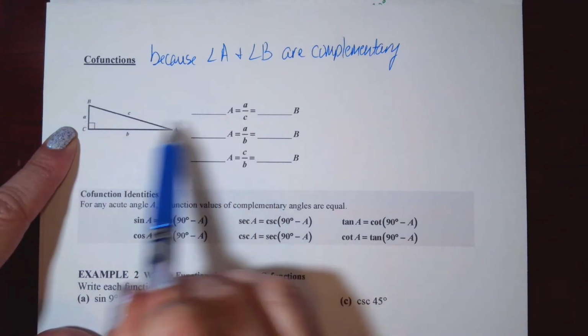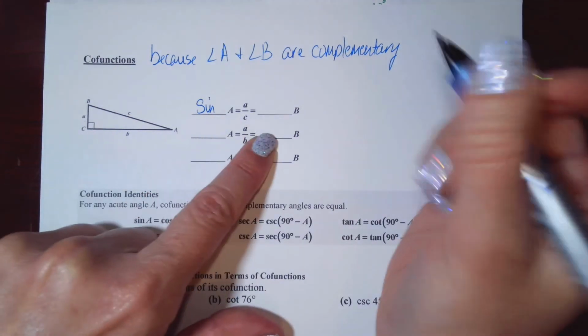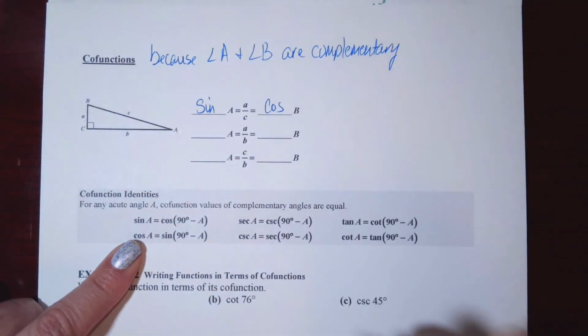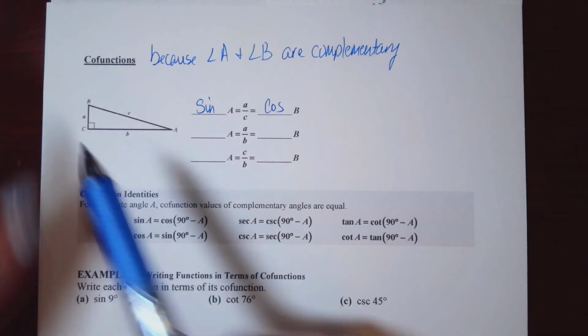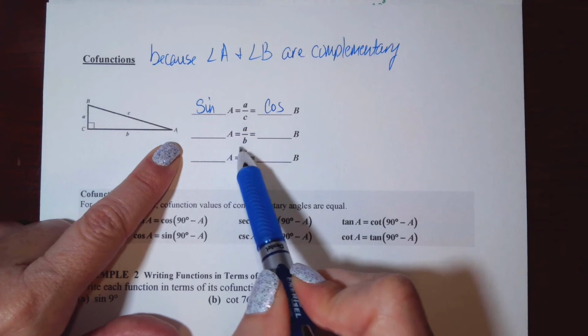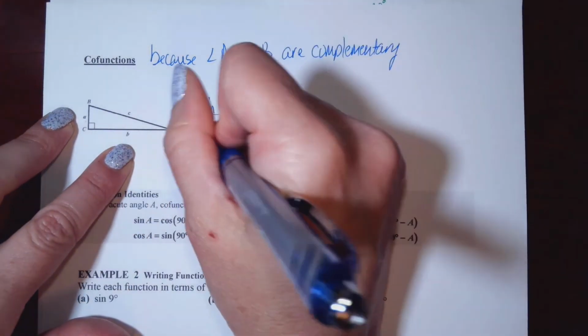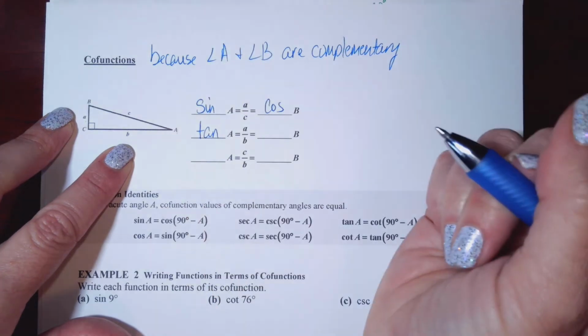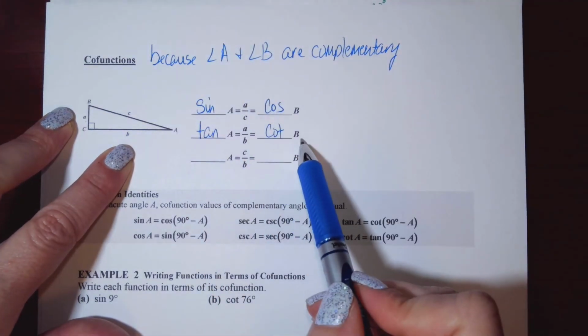So that would be opposite over hypotenuse. So that's sine of A. That's going to be equal to the cosine of B. Looking at angle A again, A over B is opposite over adjacent, which is tangent. So tangent of A is going to be equal to the cotangent of B.